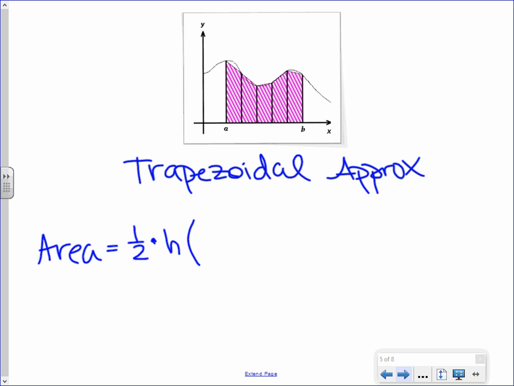Okay, so we're talking about 1/2 times the height. If we're stretching from A to B, then our function value at A is our first base, and our function value at B is our last base. Okay. And every base in between, we need how many of? 2.